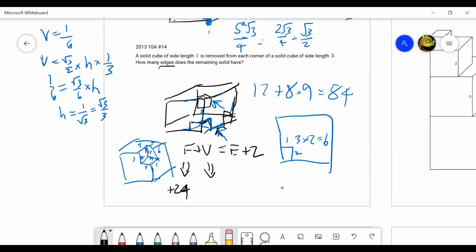And then for the vertices, when you take away the cube, you take away that one vertex that was originally there, but you're adding back 6.